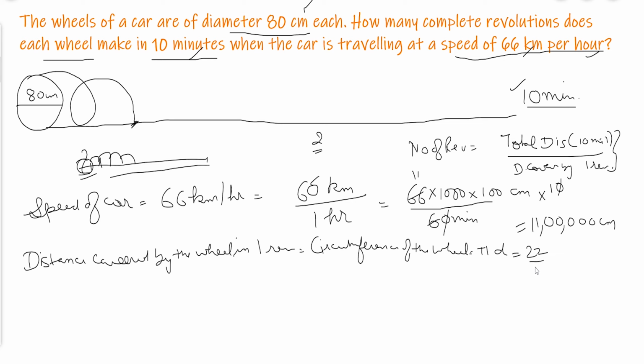Here we can write it as 22 by 7 into 80, as 80 is the diameter. Now this is in centimeter, this is also in centimeter.